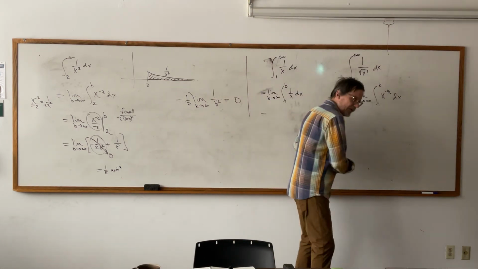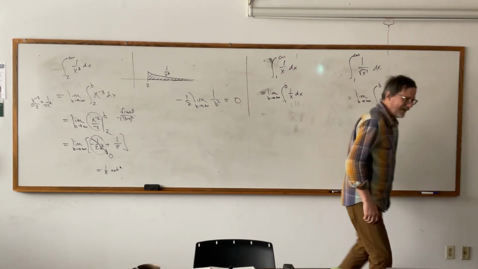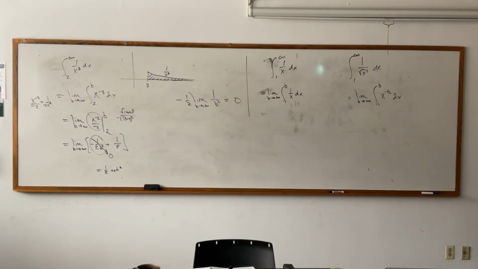See what folks are doing first on this before I give it all away. That looks good. That looks very good. Yeah, I'm seeing good stuff. I'm seeing good calc. It's just those limits are going to be tricky, maybe. Yeah, definitely.